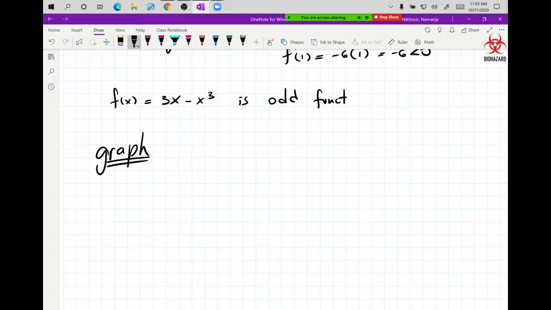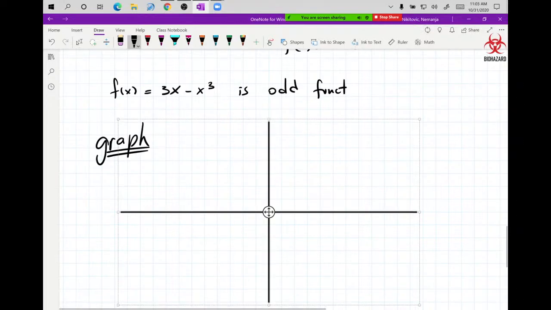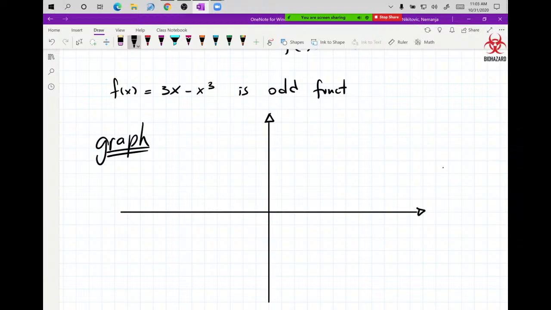The way you graph is you put your xy coordinate system, and then you start placing all of the values. I always start with asymptotes. Unfortunately, we don't have any. So let's pick up the stuff that we do have.